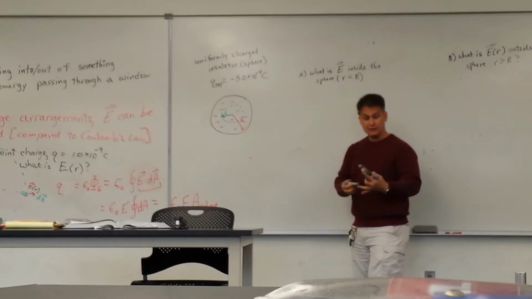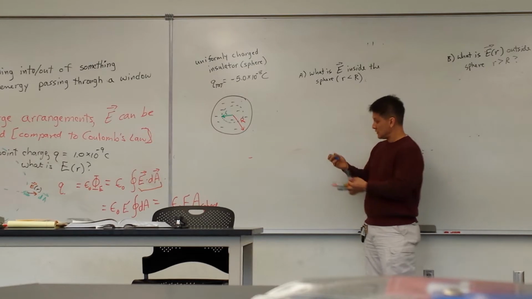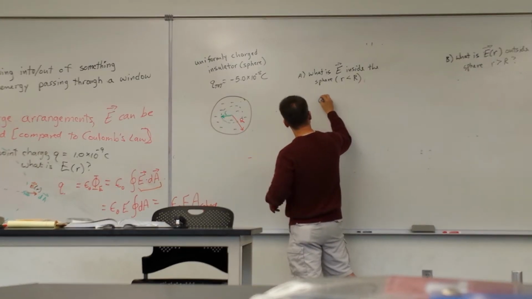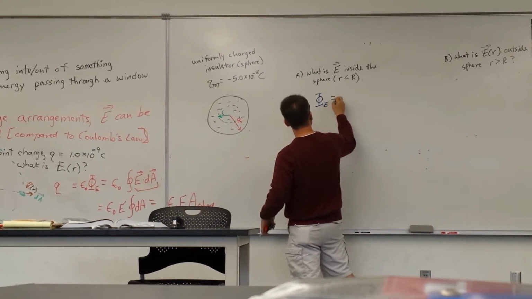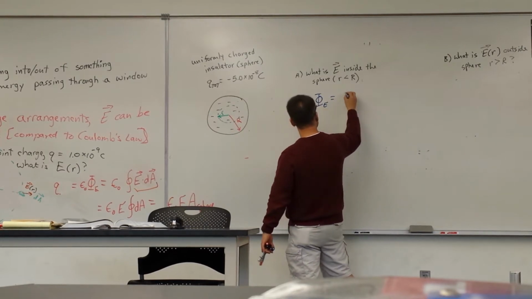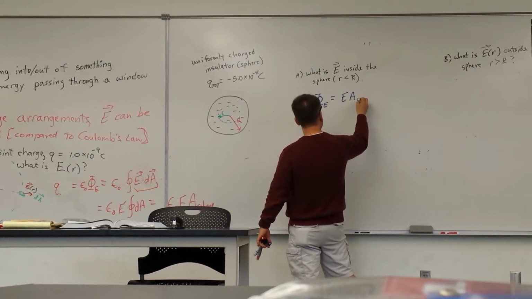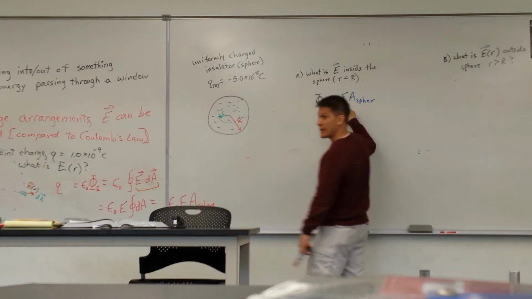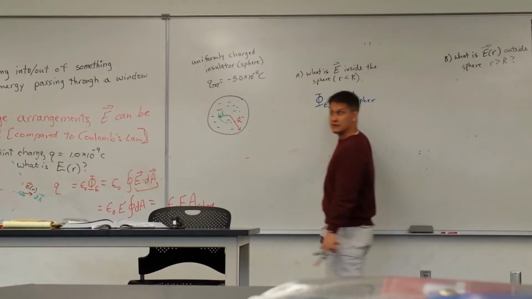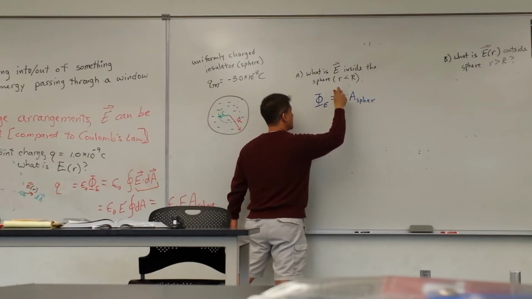Now we've got a slightly different problem, because the electric field, or the flux, is related to E times the area of the sphere. Again, I'm going to assume I don't have to recalculate E in terms of A and do an integral, because of the spherical uniform symmetry.